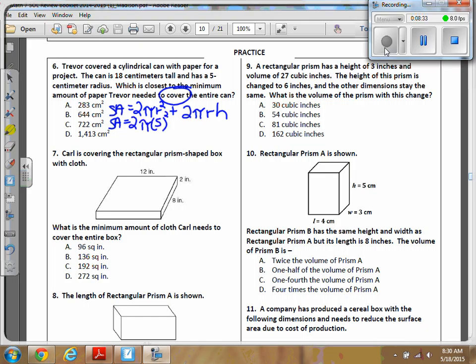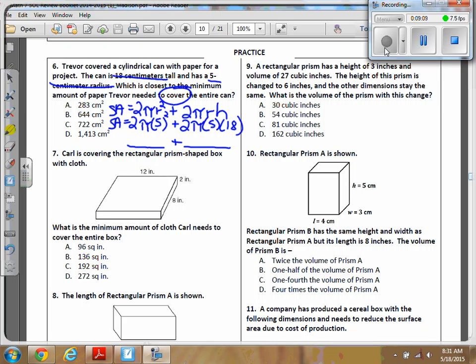My radius is 5, and we have to square that. I know that my radius is 5. The height is 18. Okay, so now I need to get an answer for the first part and the answer for the second part before I add. According to order of operations, I'm going to do the 5 squared first, and I know 5 squared is 25, not 10, because I can press the 5 button, and then press the x squared button, and that's going to give me 25.